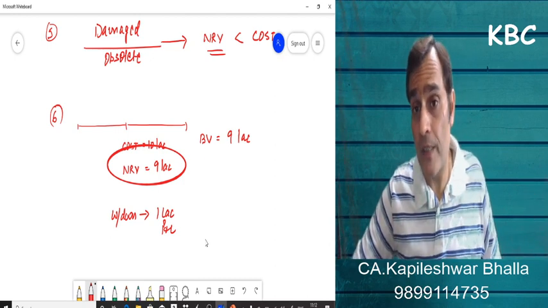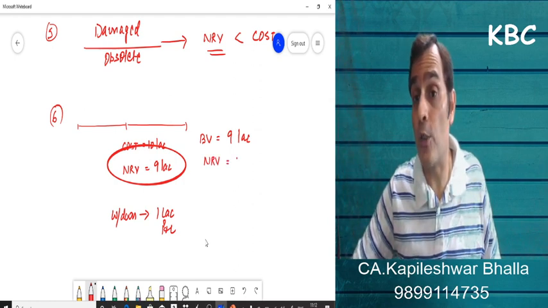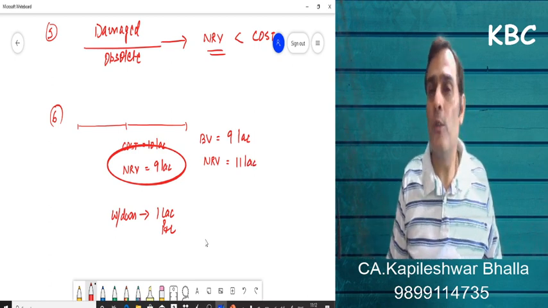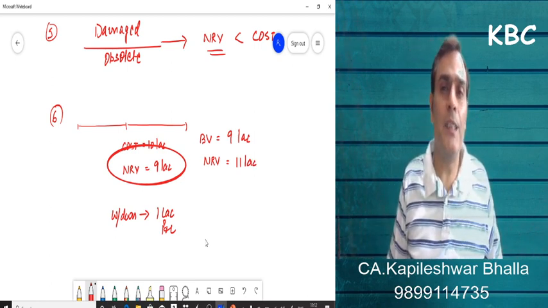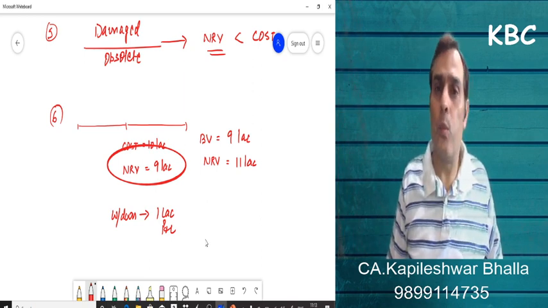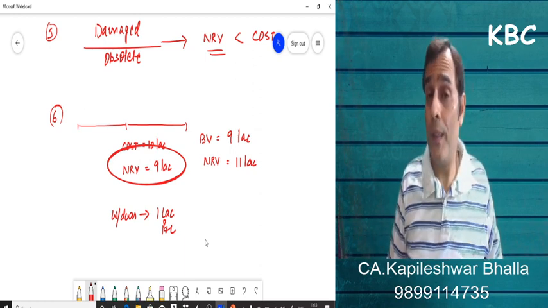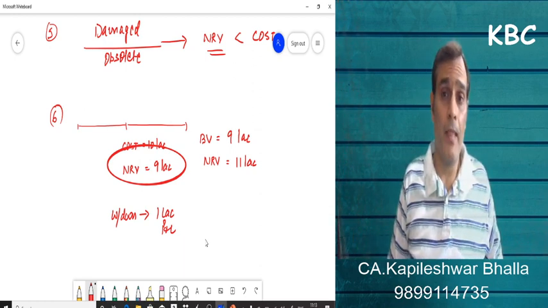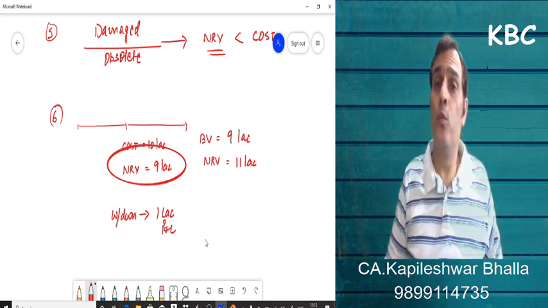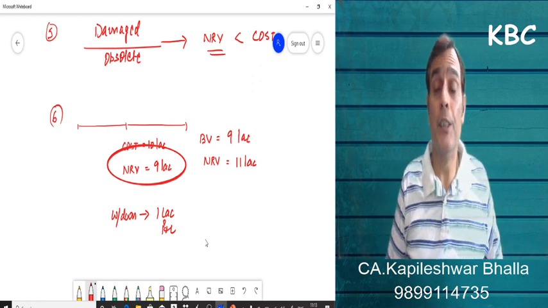And I now find that the net realizable value is, let's say, 11 lakhs. Now the question arises: since the NRV has actually gone up, can I increase the value of this inventory or not? Now remember one very important rule. When you're sitting at the end of the second year and you want to apply the concept of para number 9, let me give you one clarity.